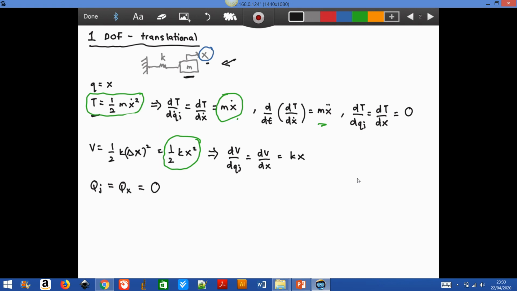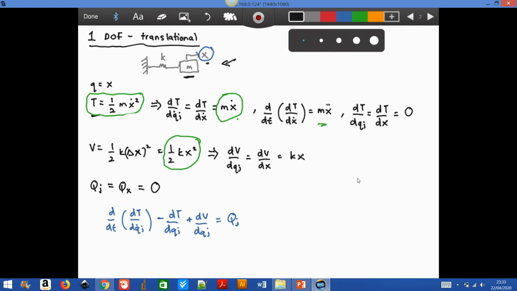By using the Lagrange equation, I write it back in order for you to easily understand. d over dt of dT over dq dot j, minus dT over dqj, plus dV over dqj equals Qj.